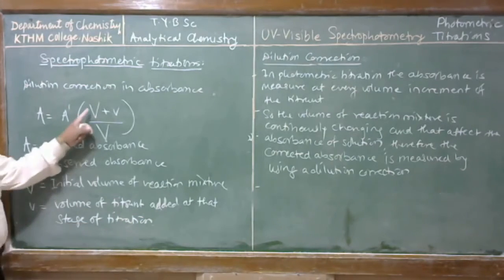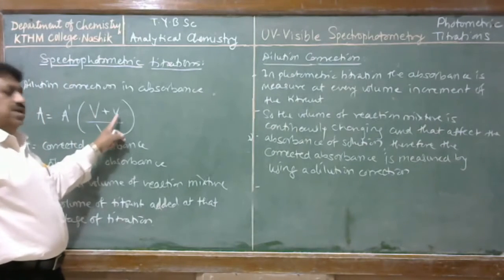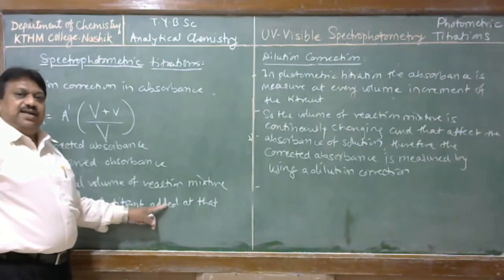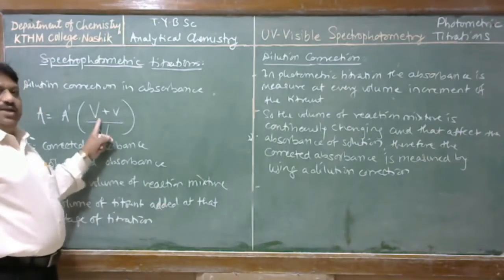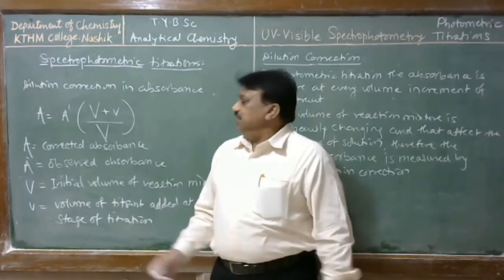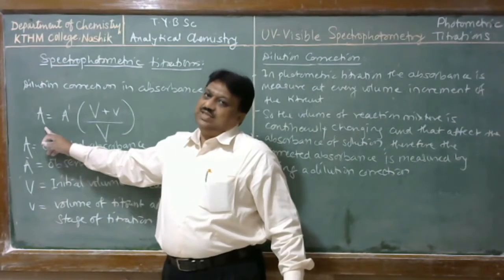That means here capital V is the initial volume of reaction mixture, small v is the volume of titrant added at that stage of the titration. In this way, the volume correction is done for measuring the corrected absorbance, and that is determined by using this equation.